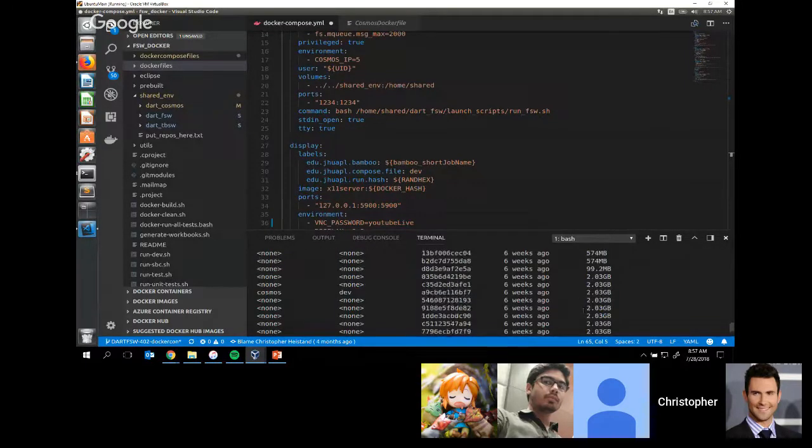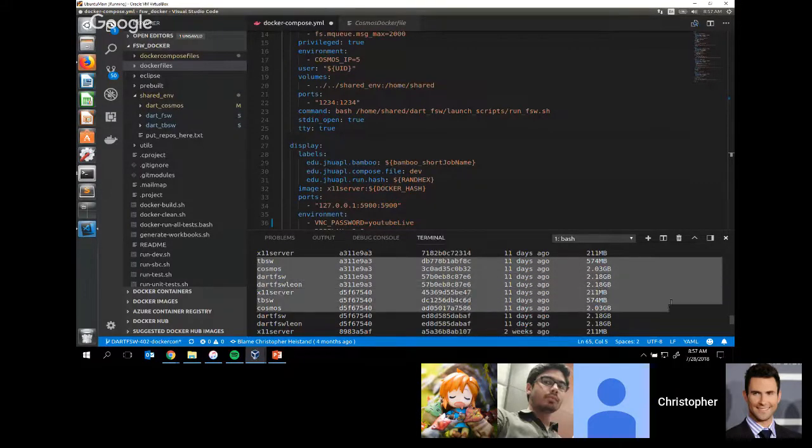Our Docker images, we even tried to make them smaller, but because we're tagging for each different build, our test bed is not too bad, but the rest of them are somewhere in the 2 gigabyte range, and our X11 server is small because that was originally small.